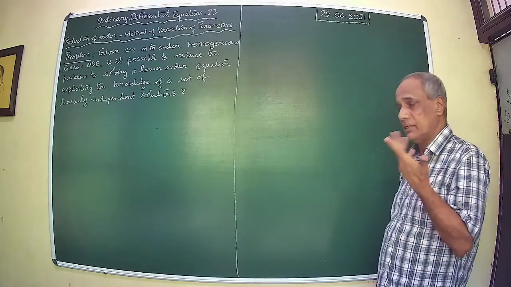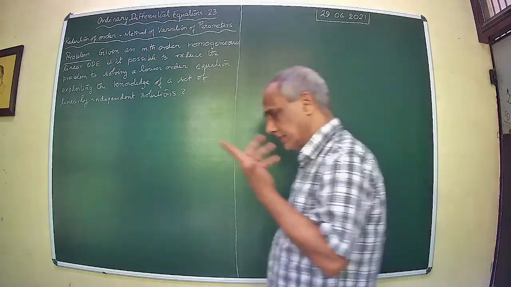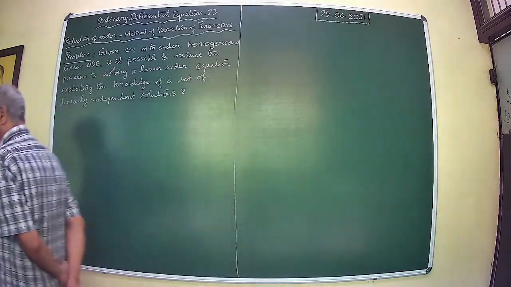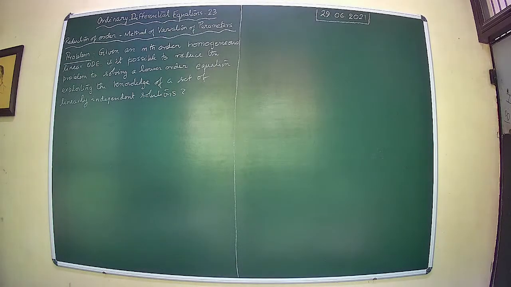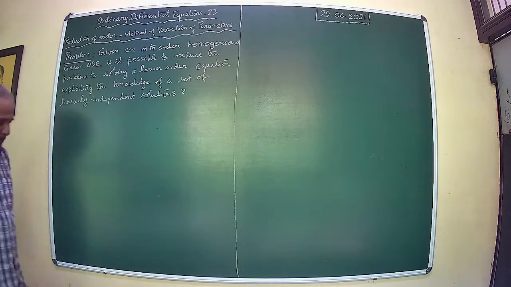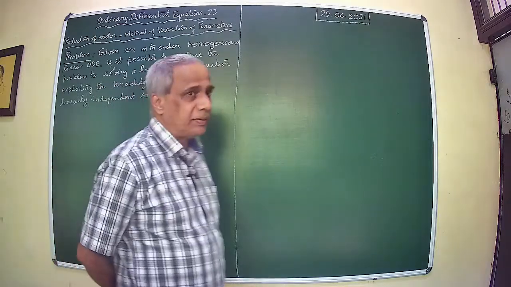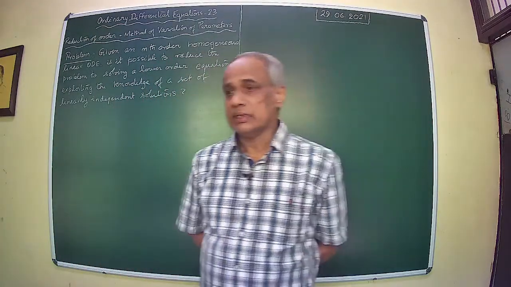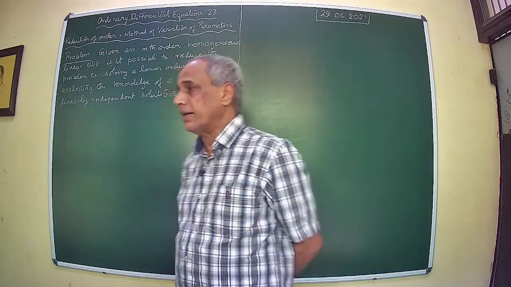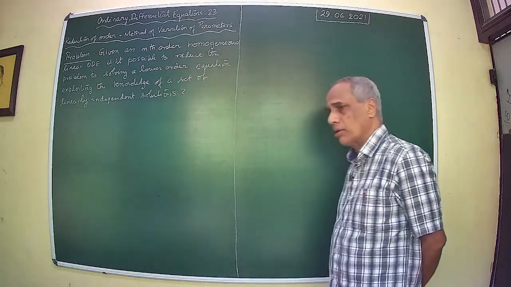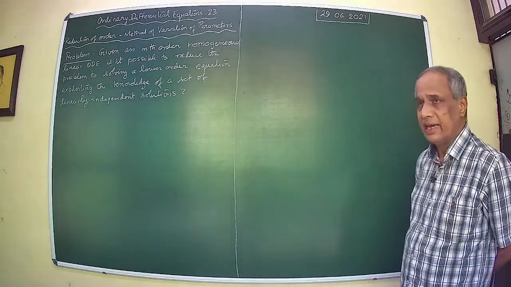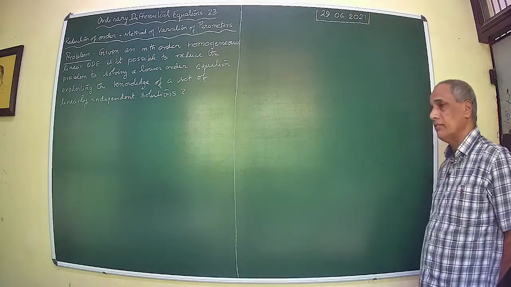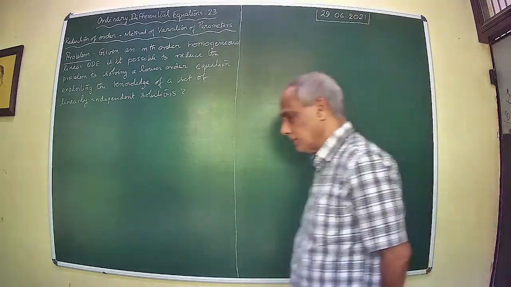In that case, we have already seen that if you know one solution, you can reduce the order of the equation, so that finding out a basis for the solution space becomes solving a lower order equation, or finding a set of fundamental solutions of a lower order equation.